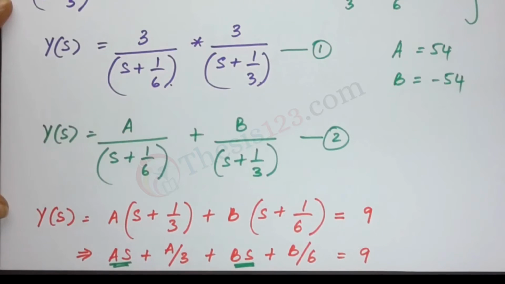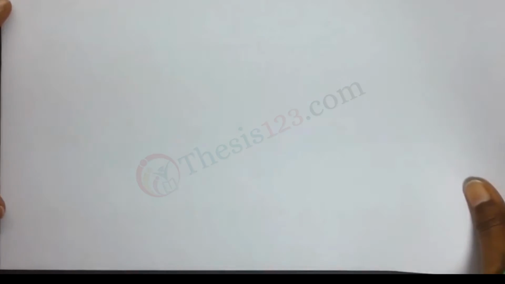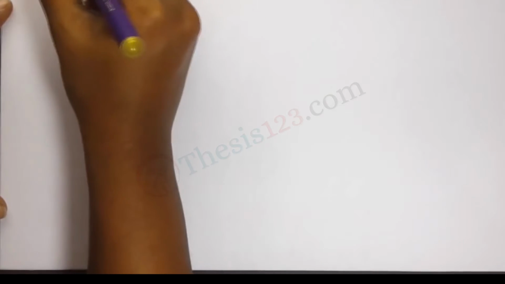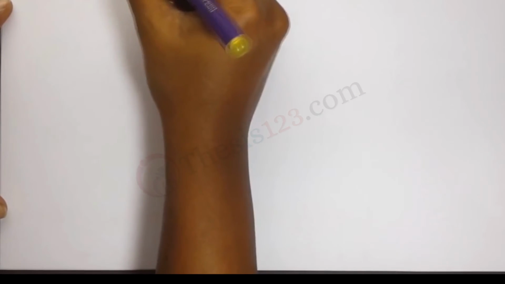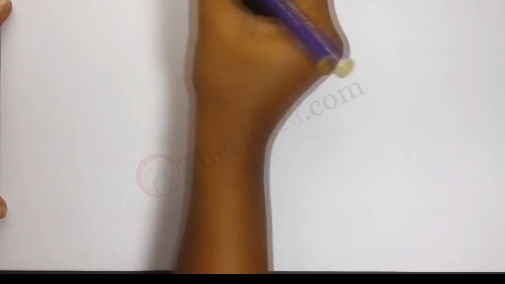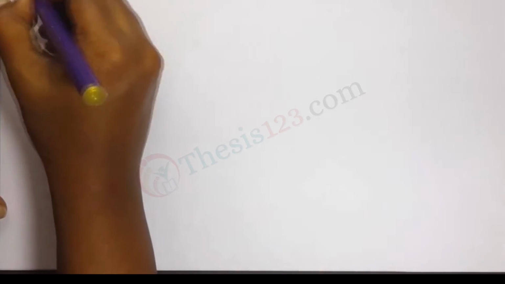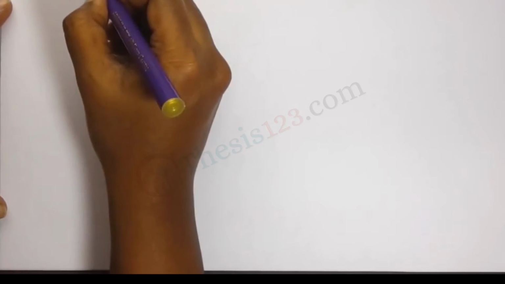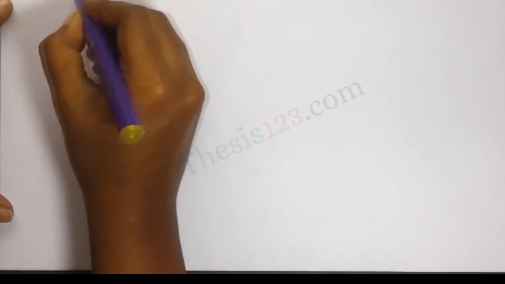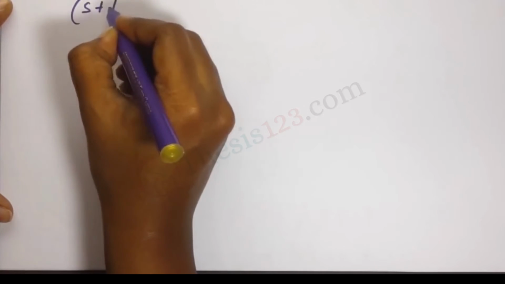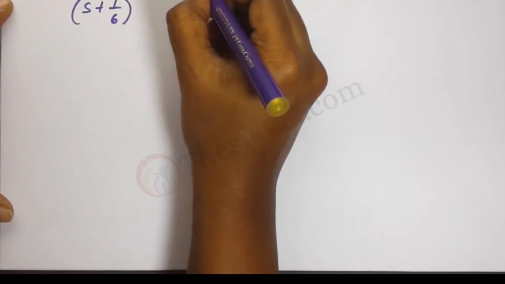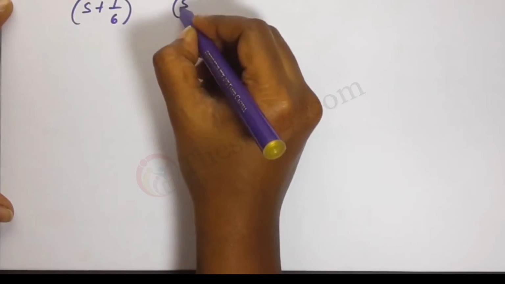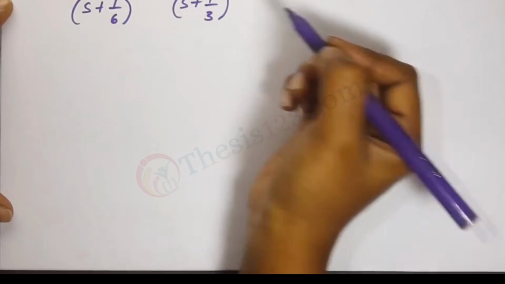So we substitute the values of a and b in equation 2. Okay, so a is 54, b is minus 54. We substitute it in equation 2 to get y of s is equal to 54 divided by s plus 1 by 6 minus 54 divided by s plus 1 by 3.